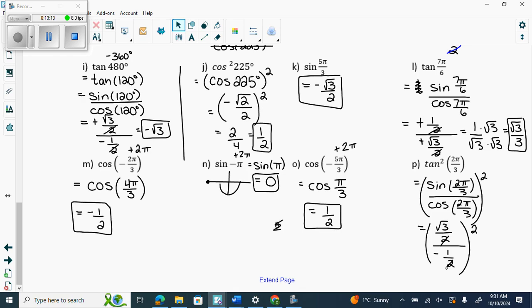Squared, these cancel. I'm left with negative root 3 squared, which is? Okay. Then we're going to flip over. All right.